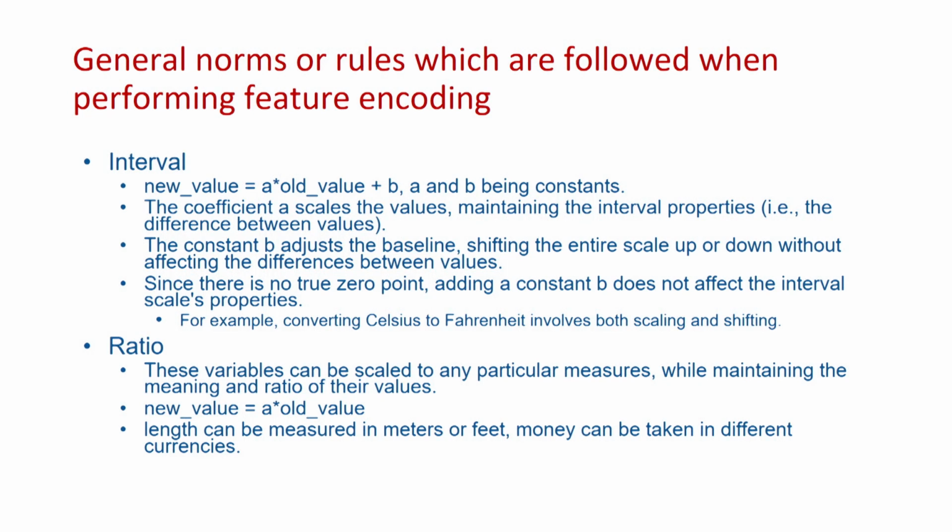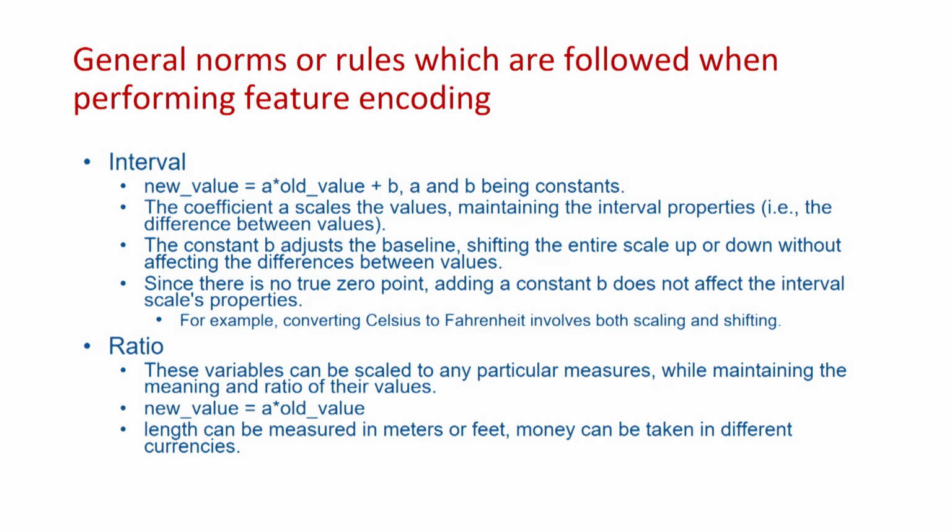If your feature is an interval feature, we have already seen that in case of an interval feature there is no zero value. In that case, to encode that feature, we use a formula like new value equals some constant multiplied by old value plus another constant.